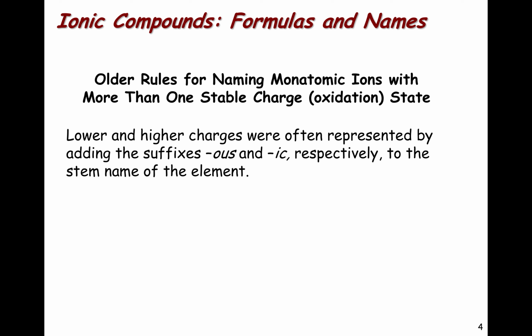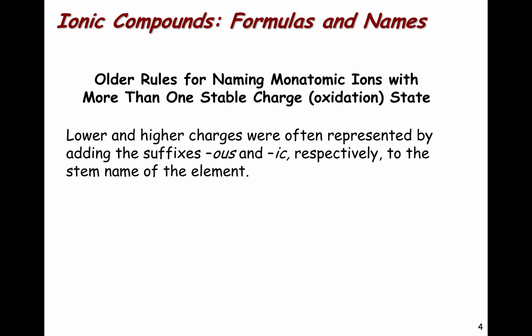In general, we will be using the most recently developed naming system by the International Union of Pure and Applied Chemists, the IUPAC system, but there are older systems which you should be at least somewhat familiar with. The naming of the monoatomic cations oftentimes would involve using suffixes of "ous" or "ic."